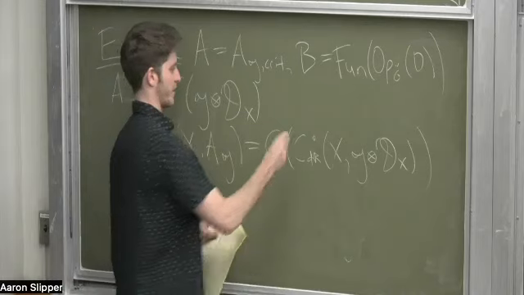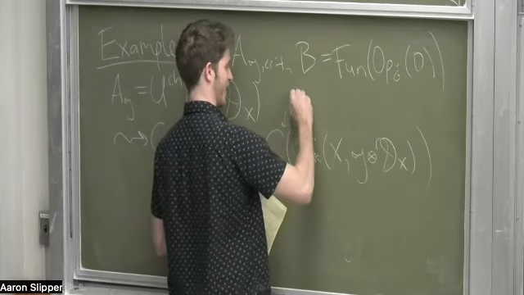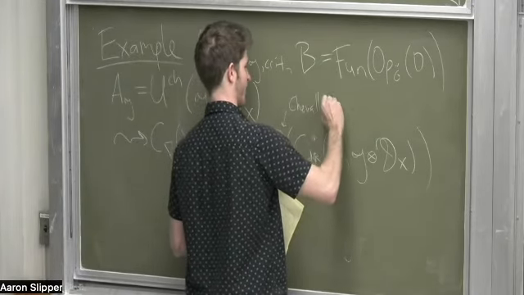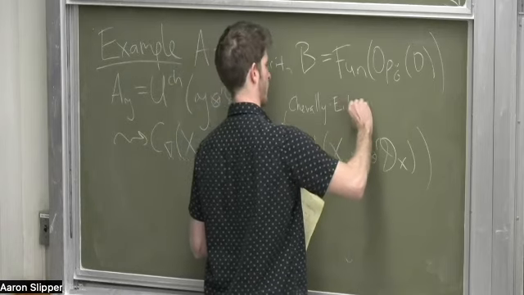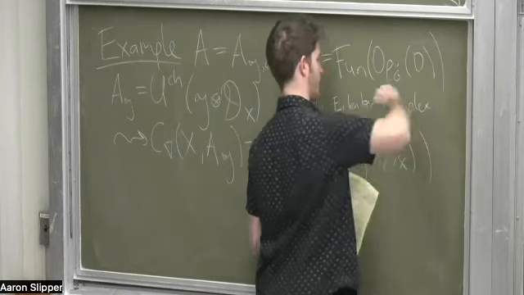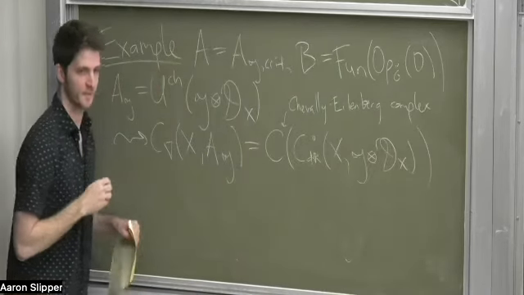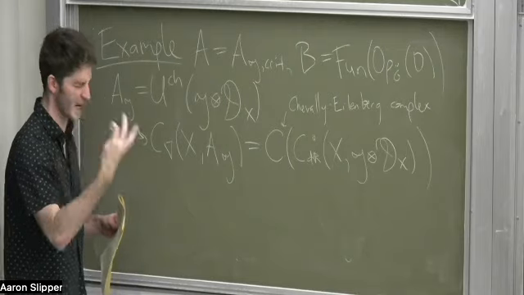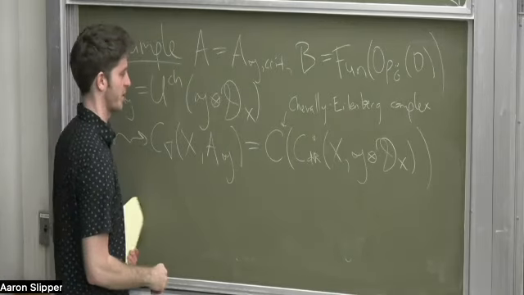This is Chevalley-Eilenberg. Sorry, I know there's a lot of C's. I don't know what else to call it. Lie algebra homology.